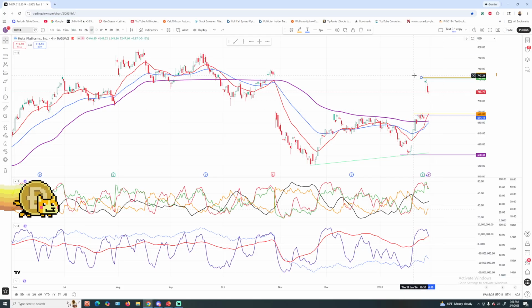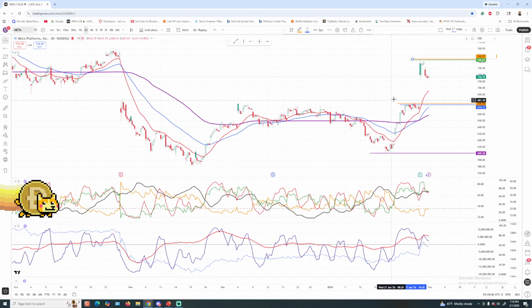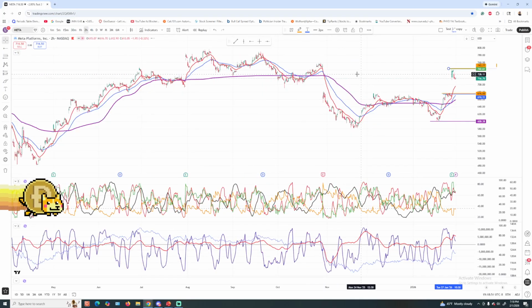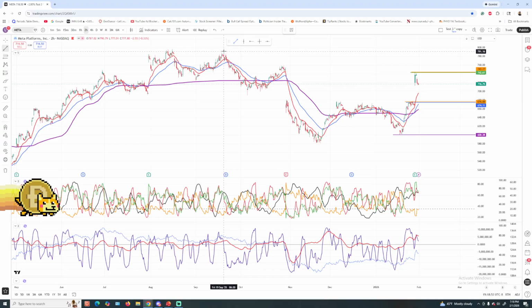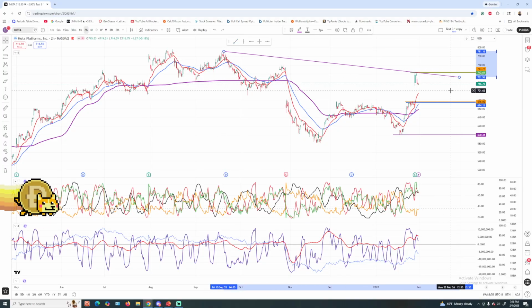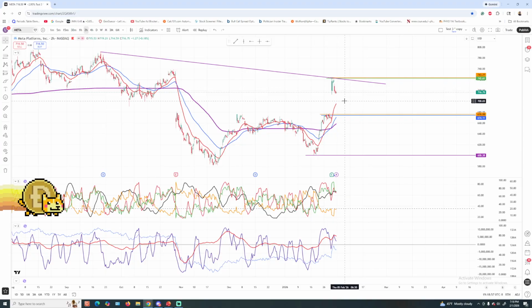Yeah, 744. Called it. For puts, I'm probably looking for puts because it is a pretty heavy resistance. We also have a 2-hour resistance on top of it too. So yeah, we have three whole resistances on it. So we probably see a bit of a downtrend. Probably not too crazy. Probably could drop down to like 695 though.